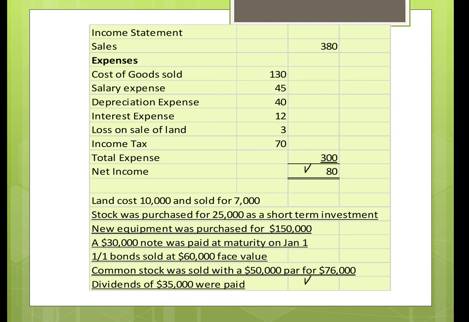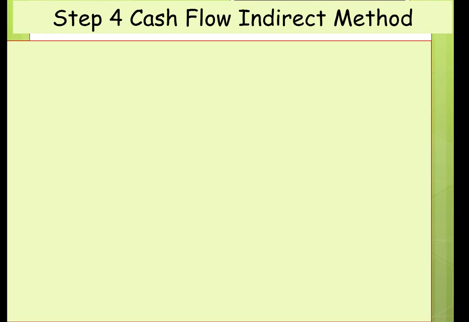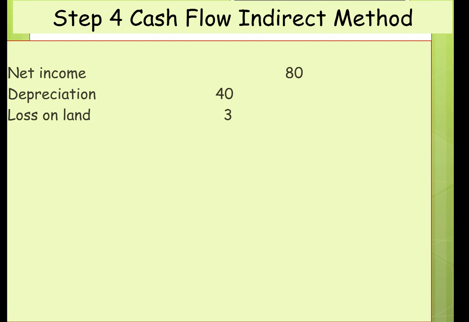We need the net income and we need the depreciation and the loss on sale of land. We start again with net income, which would be 80. Then we include our non-cash type transactions, and then we would do our changes in our current assets.